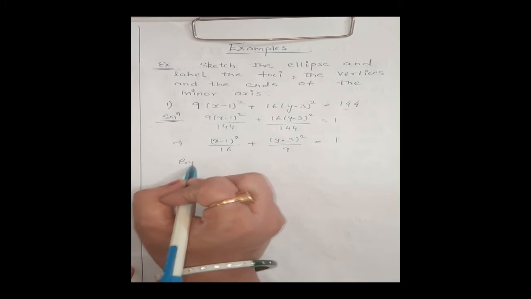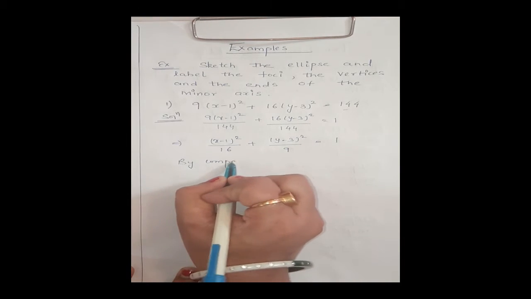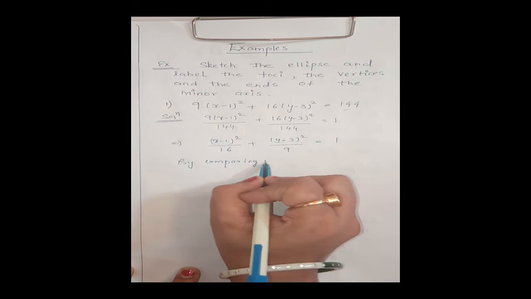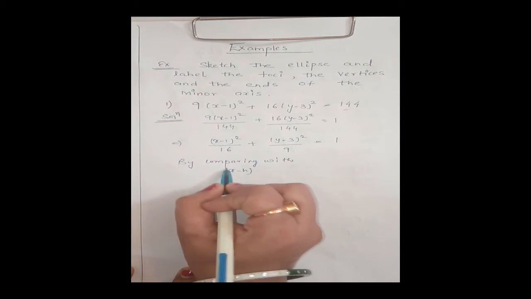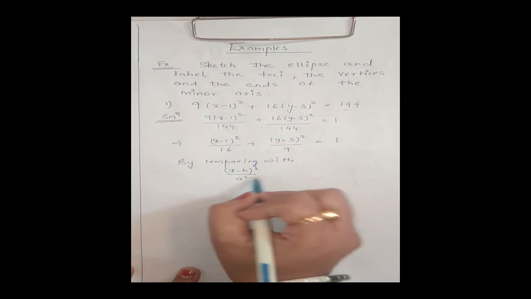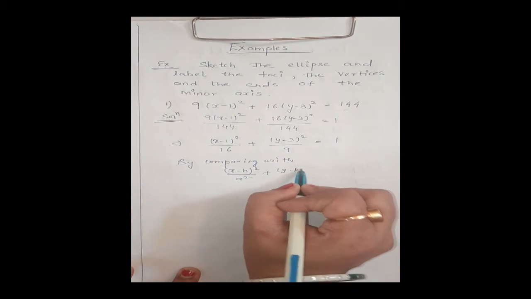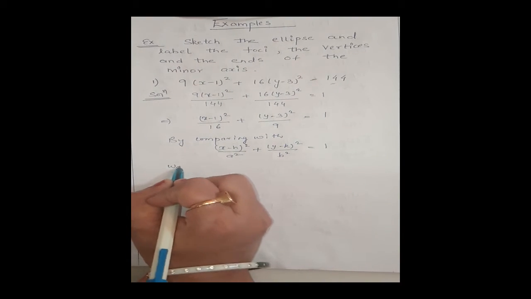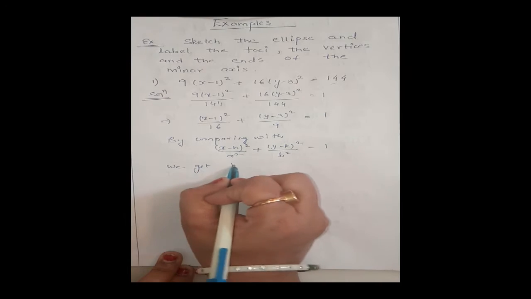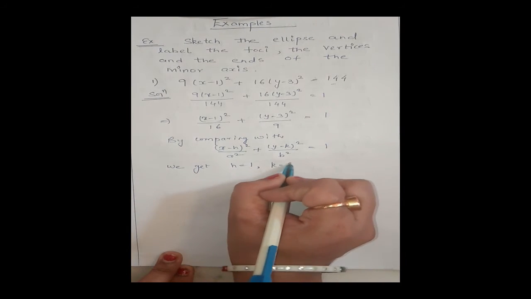Now, by comparing with (x minus h) whole square divided by a square plus (y minus k) whole square divided by b square is equal to 1, we get h is 1 and k is 3.